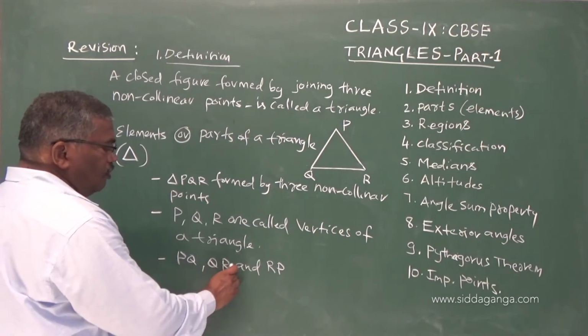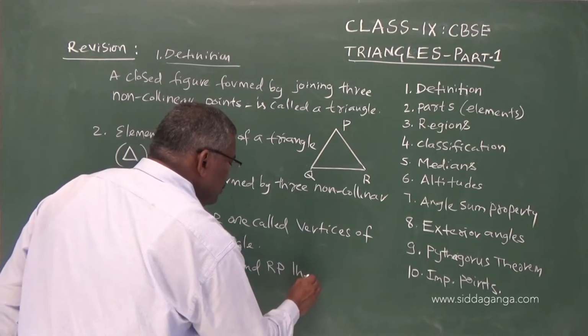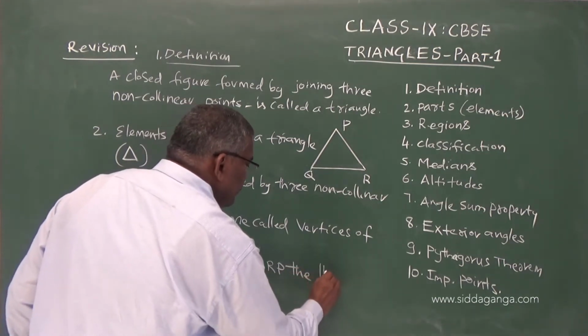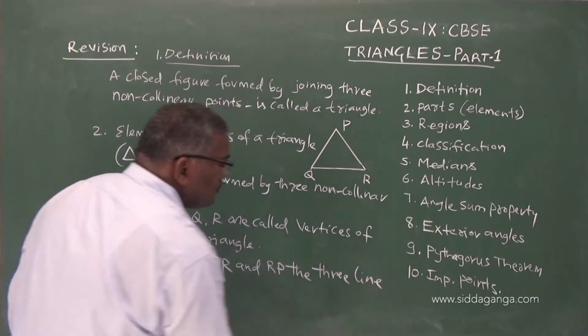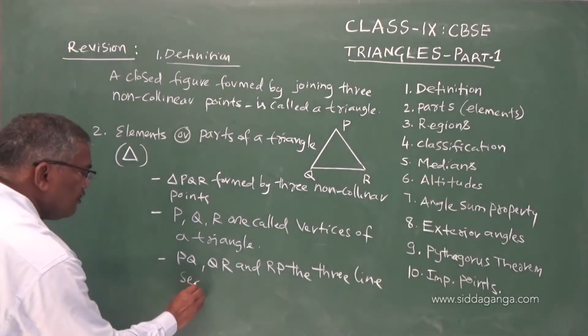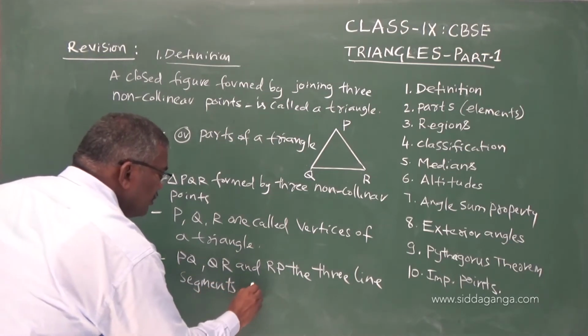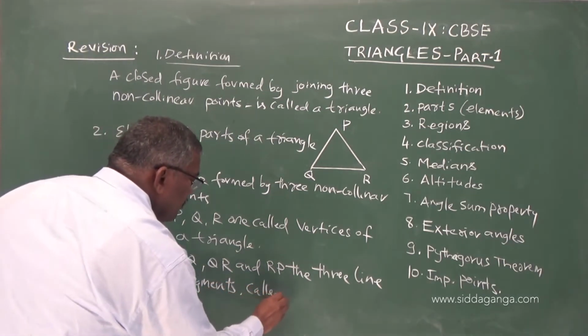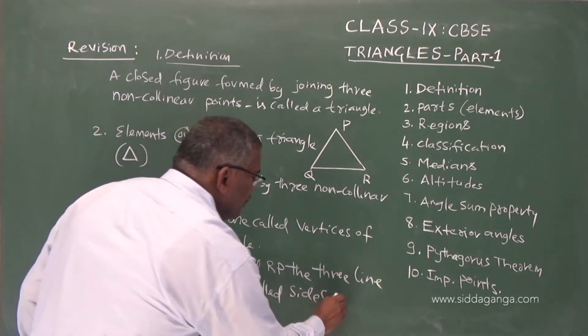So PQ, QR, RP are the three line segments called sides of a triangle.